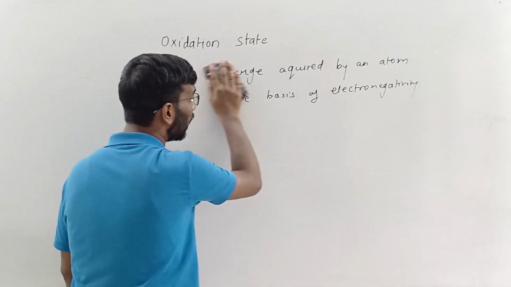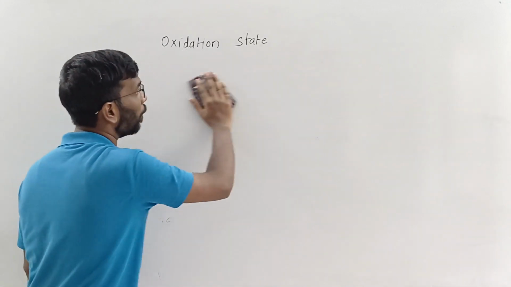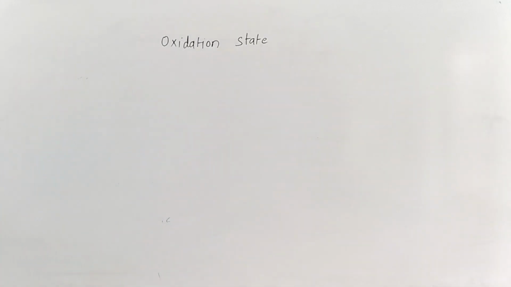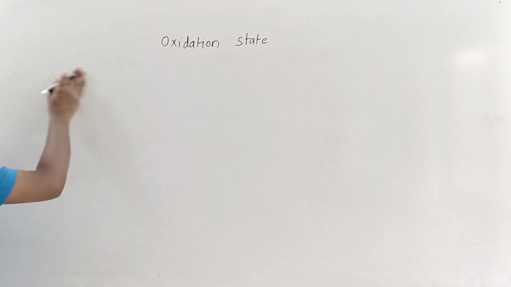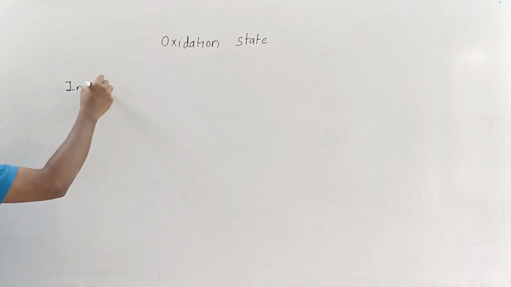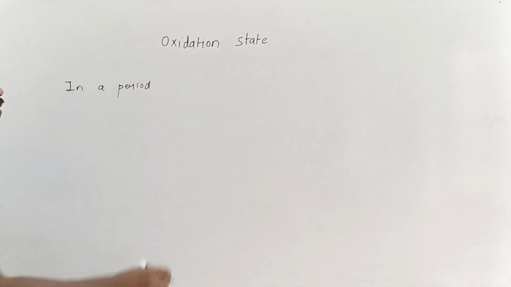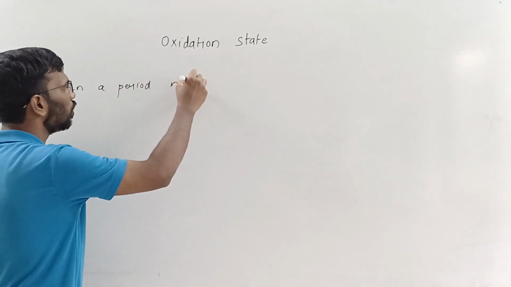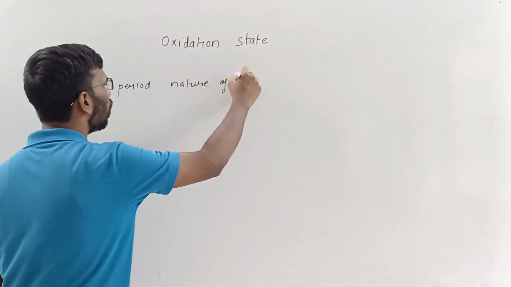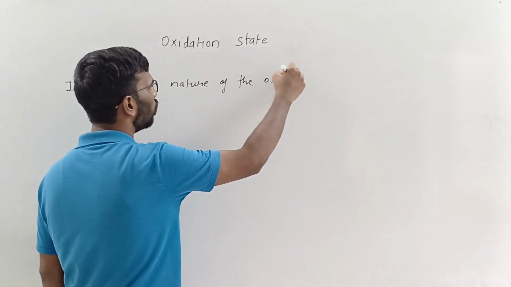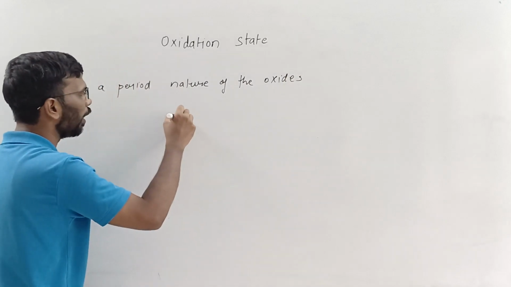The trend you should remember is that in a period the nature of the oxide varies. In a period, which means across a period, the nature of the oxides varies. Oxides means what?